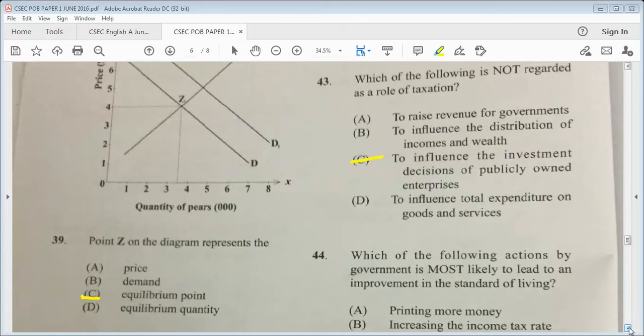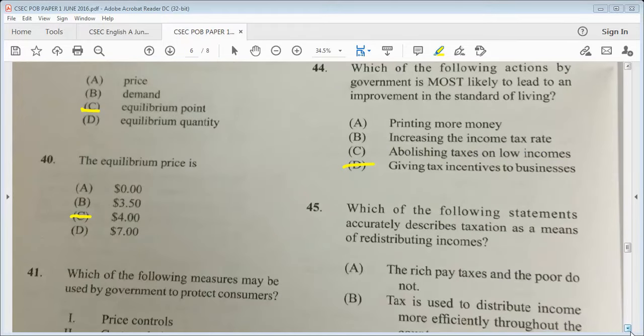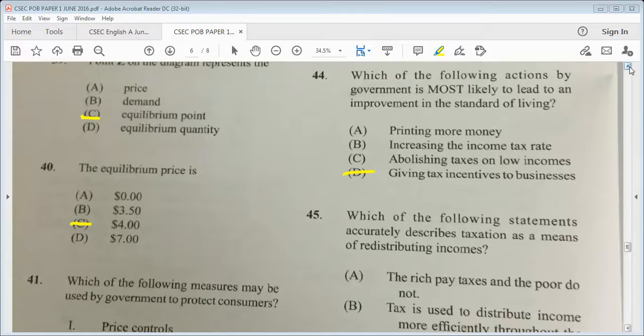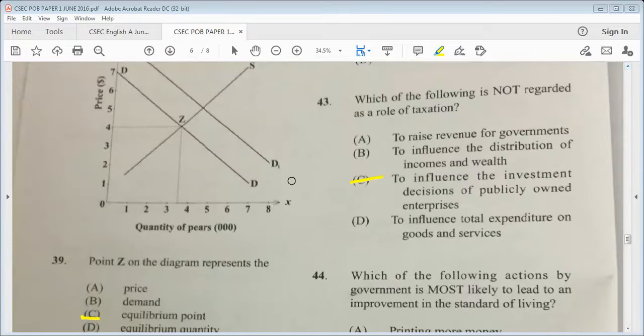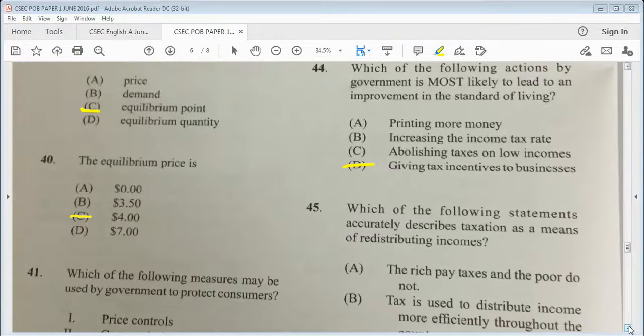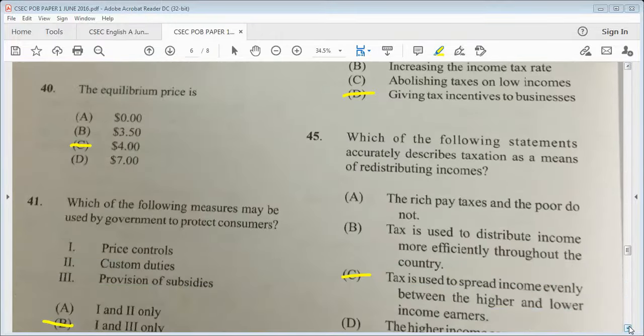Now, it says point Z on the diagram represents, so here we have Z, so we know that represents the equilibrium point, C. Let's go to 40. 40 says the equilibrium price is, and our answer is, if we notice, it meets right here at 4. So that is C.